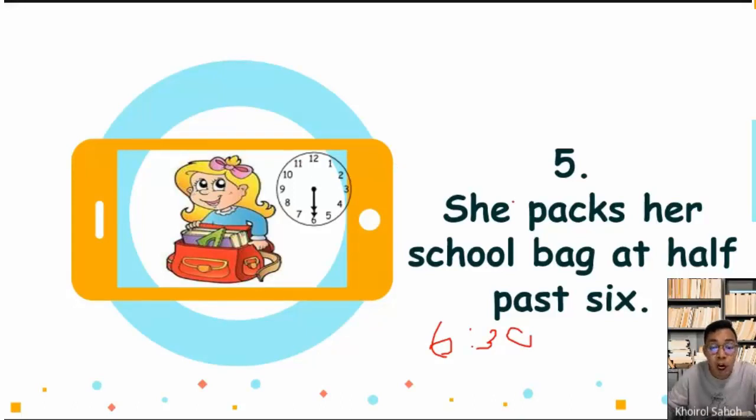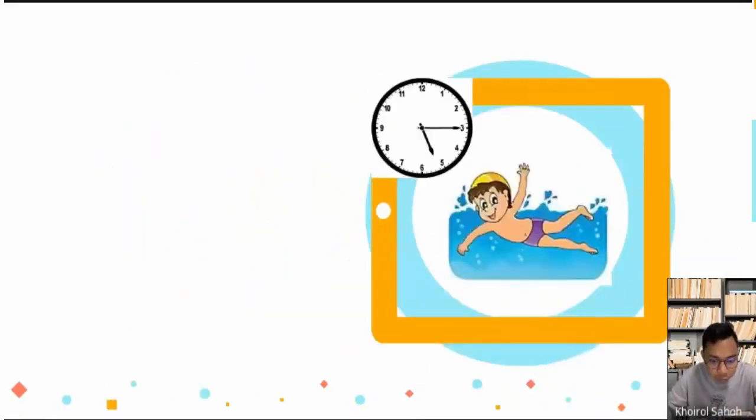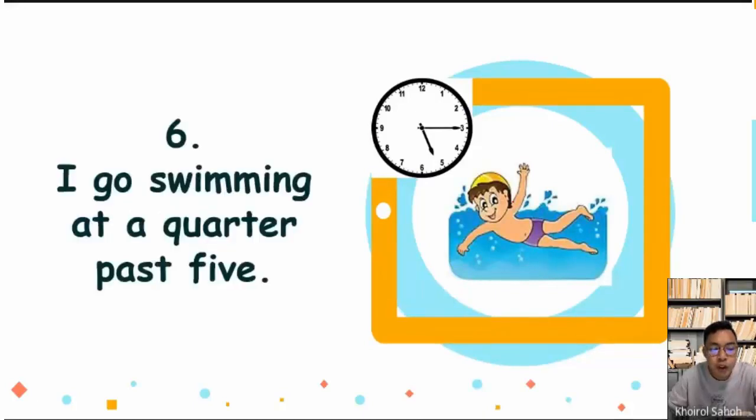So this is her timetable that she packs her school bag every day at 6:30. I go swimming at 5:15. This is my timetable that I go swimming at 5:15. 15 minutes, right?